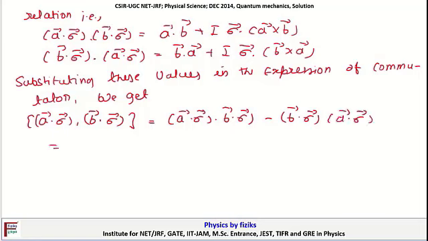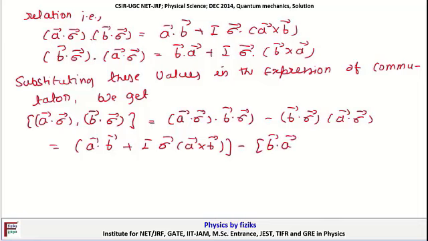This term would be (A dot B plus i sigma dot (A cross B)) minus (B dot A plus i sigma dot (B cross A)).